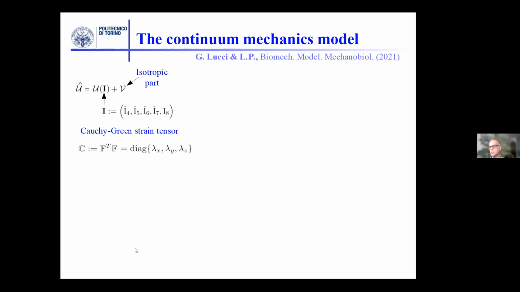When you do that, you lose the isotropy of the material. Your material becomes anisotropic. In general, what you know from continuum mechanics is that the elastic energy, if you are dealing with an elastic material, depends on some invariants. The usual isotropic invariants are the trace and the determinant of what is called the Cauchy-Green strain tensor, and other quantities.